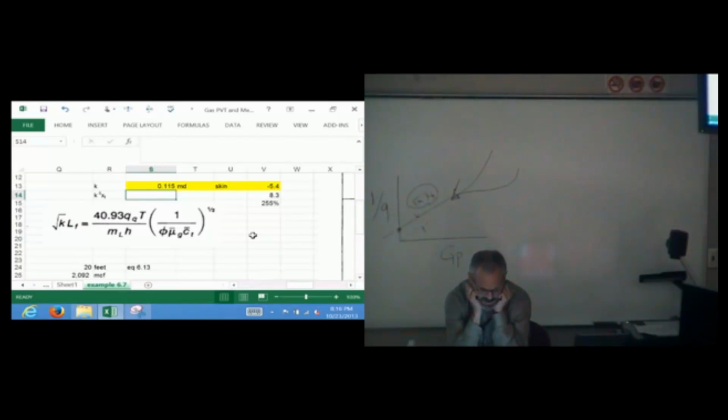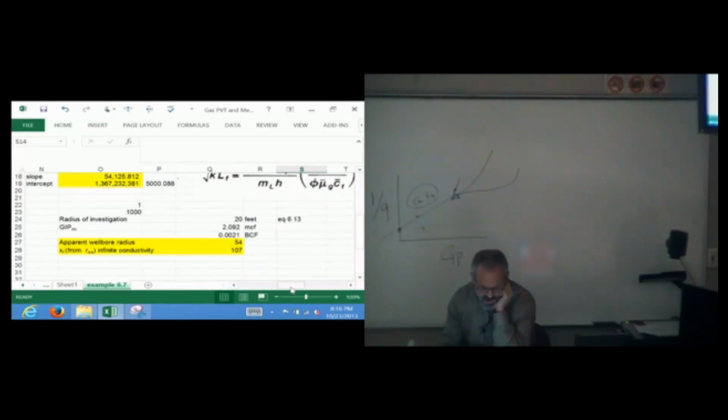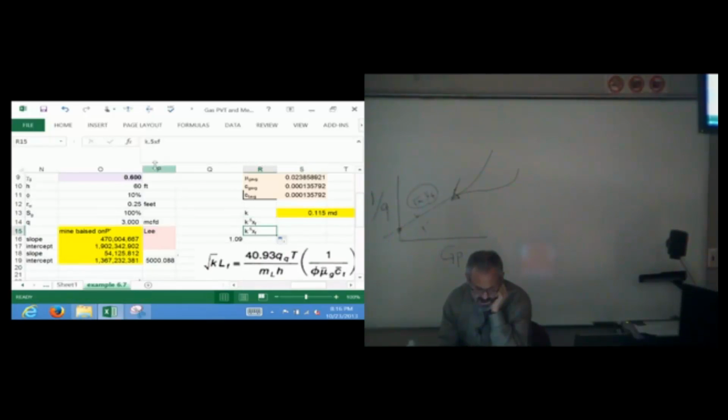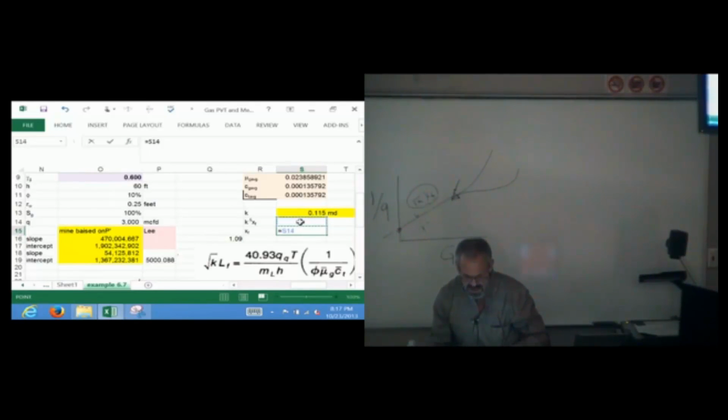Now, do I like that equation? Well, we know what our answer is, right? It's a 70. We should get 107. Well, after we get whatever we're going to get, then we're going to get our fracture half length, equal to the square root of KXF, which we're about ready to calculate, divided by the perm raised to the 0.5.